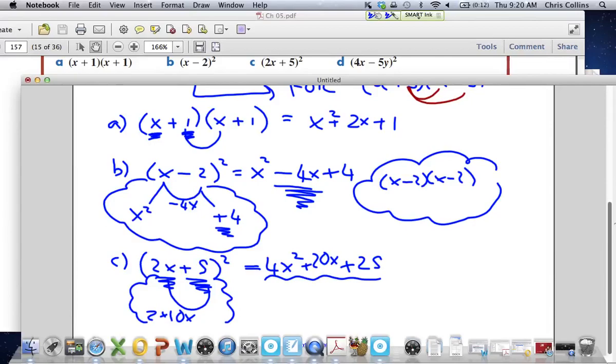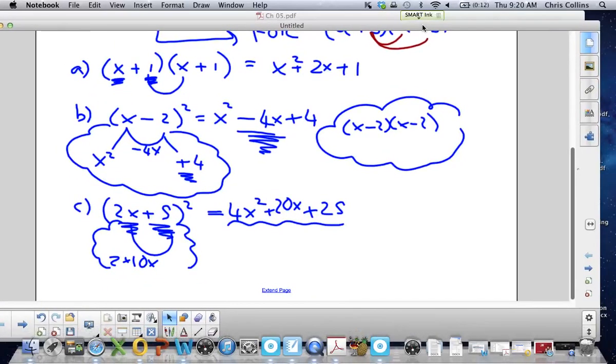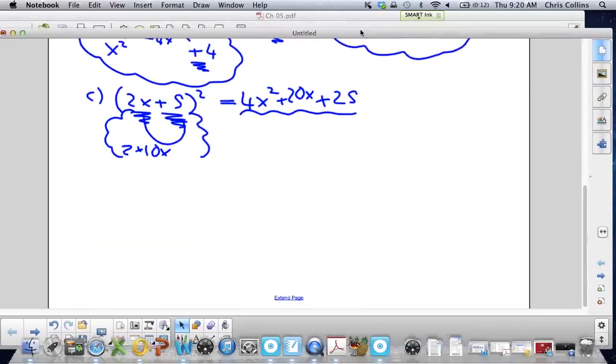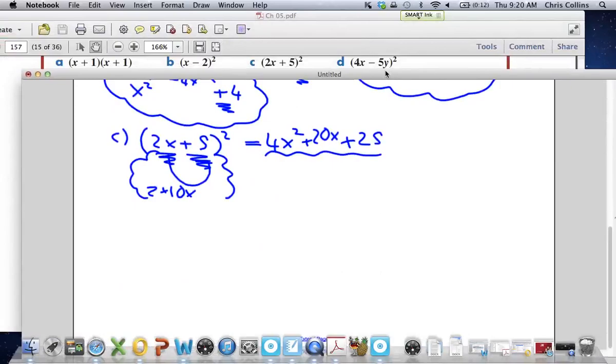Okay, I'll not do the last one. Well, no, actually, I better finish the last one because it's got a minus sign, so hold on for a second. Now we've got it all here, extend the page. So very quickly, this last one has a minus sign, D. So I just know that I've got to be a bit careful. Now again, I'll not write any working down. Square the first one, it's 16x squared.